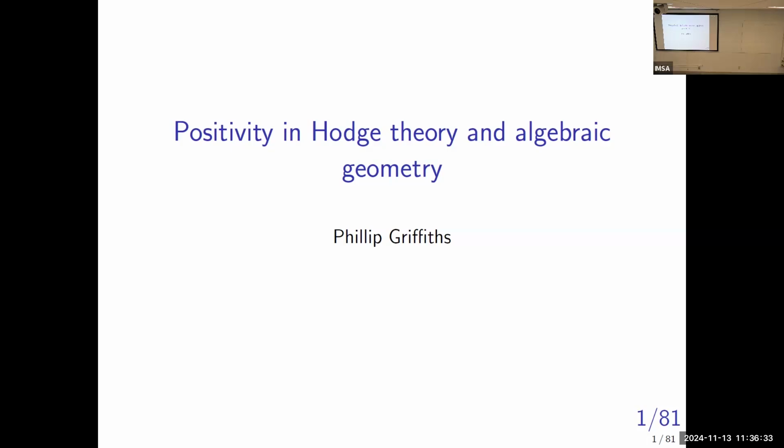There you have a Kähler metric, so that's Hodge theoretic, and you have a positive line bundle, which for Kodaira meant that it had a metric whose Chern form was a positive definite 1-1 form. And then you've got a vanishing theorem for the vanishing of cohomology under those assumptions.